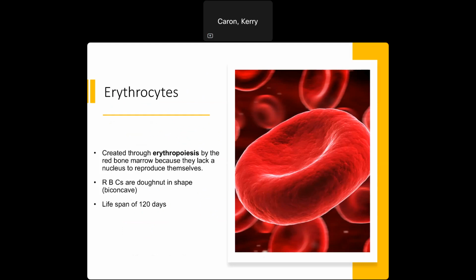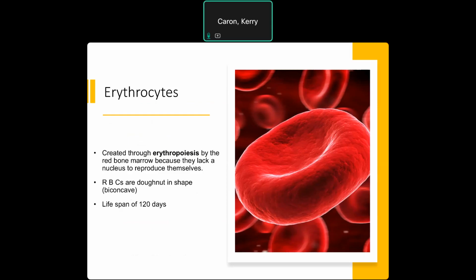So erythrocytes, erythro meaning red, are the red blood cells. And they're these nice biconcave cells. They're not a donut hole, they don't have a hole through them, but they have a crater on each side. And they're created through a process called erythropoiesis. Poiesis means formation or creation of red blood cells, or erythrocytes.